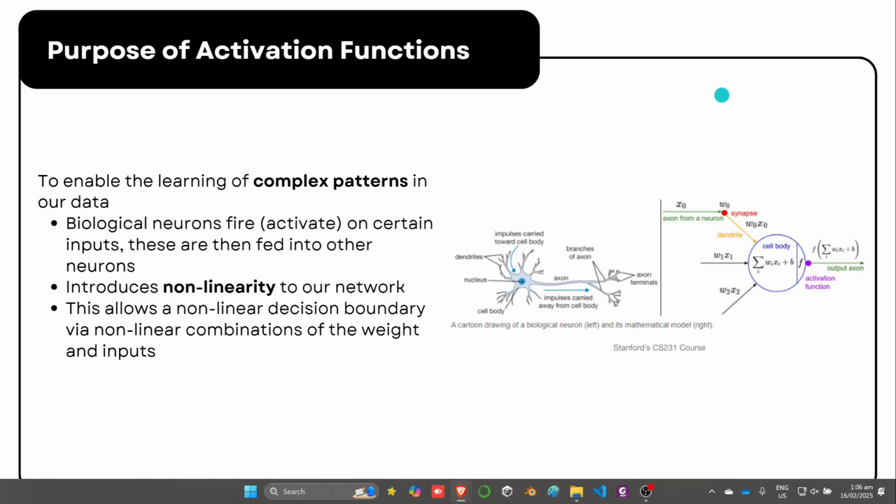For example, here we have a 1 and a 7. There's a small difference between these two numbers.